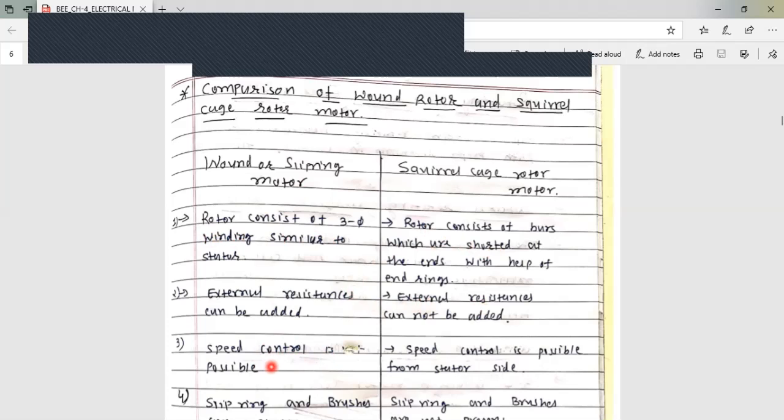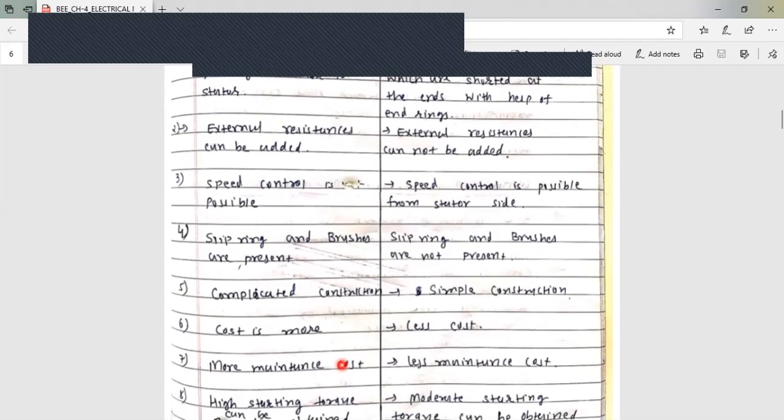Speed control is possible from the stator side. As we have seen in the construction figure, slip rings and brushes are present. Here slip rings and brushes are not present. Complicated construction versus simple construction. Cost is more due to the extra components, while cost is less.